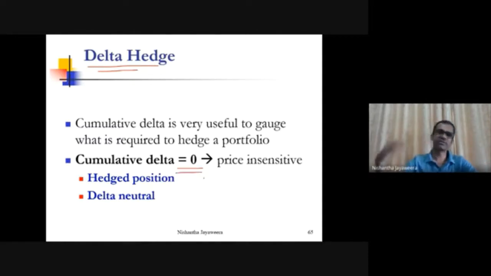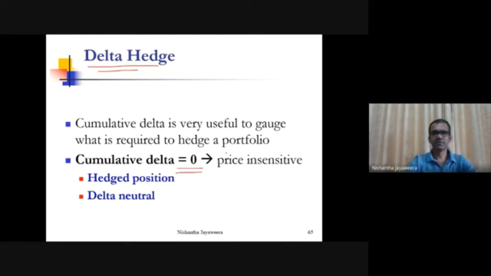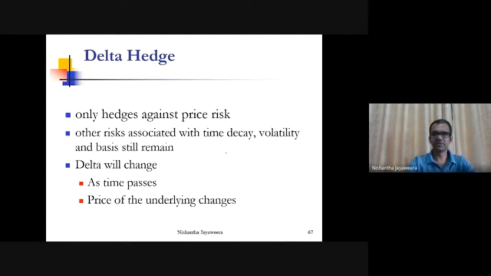That means whatever the price change of the underlying asset, there won't be any price change in your position. Your position is price insensitive. That is called delta hedge.